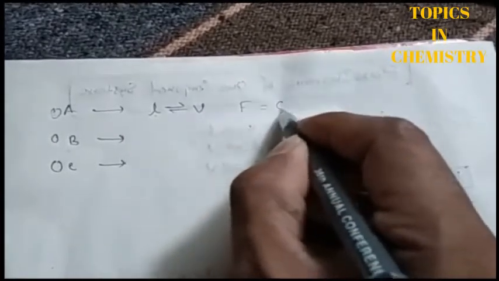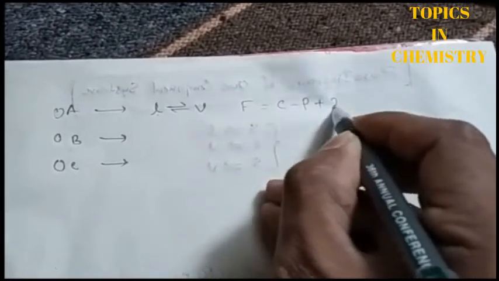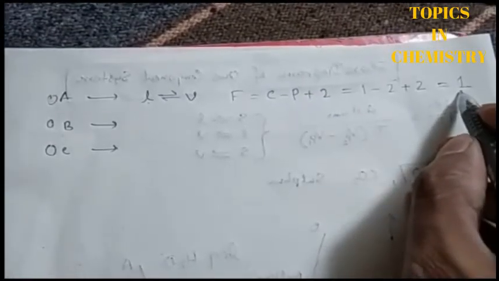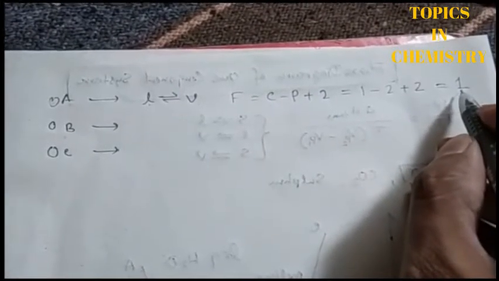So there are two phases, and you know that F is equal to C minus P plus 2, that is the formula of degree of freedom. So here the number of components is 1, only one component is present, that is water. So 1 minus 2 plus 2, so that is equal to 1. So here only one degree of freedom. Okay, one degree of freedom means there is only one variable possible here.